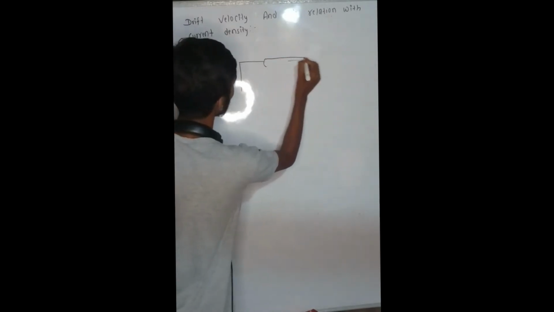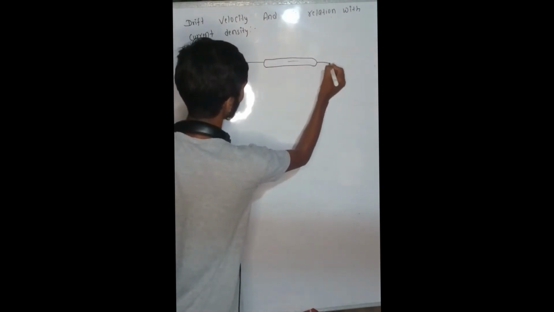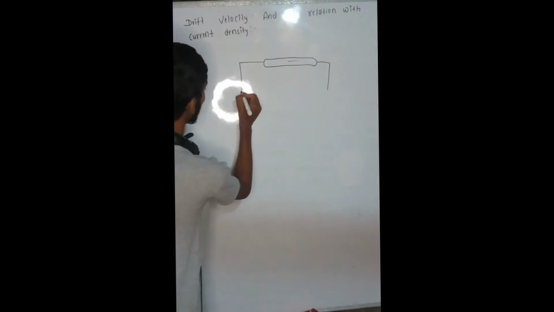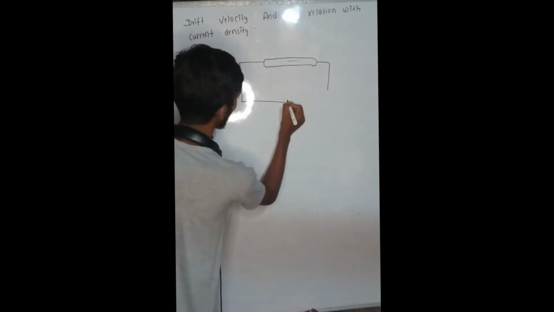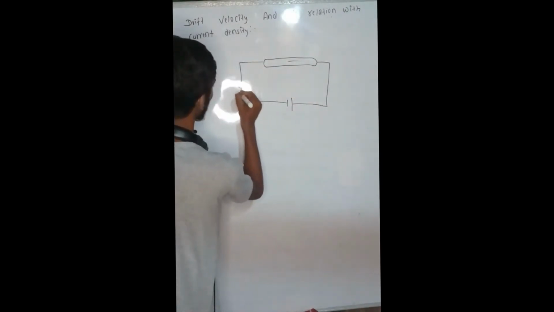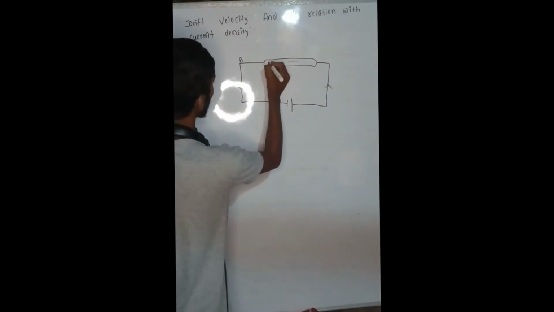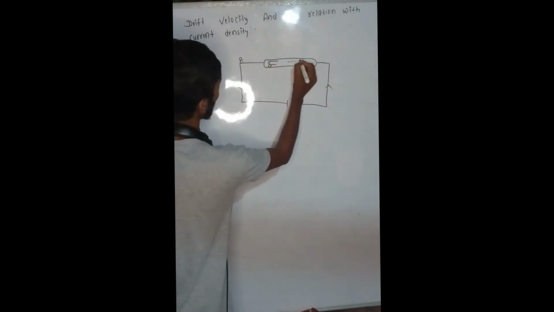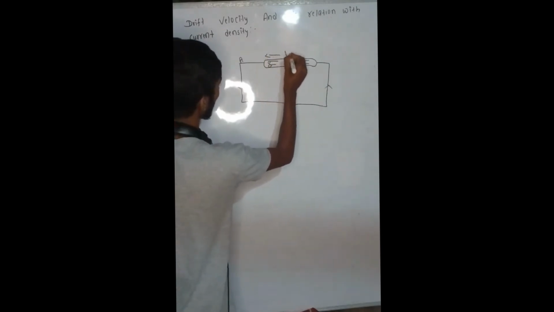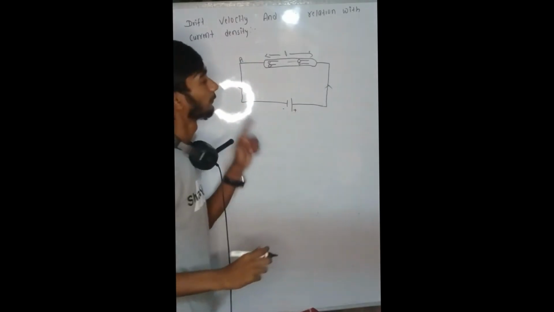Now let's make the EMF here, and name this A, with length L. This is negative and this is positive.